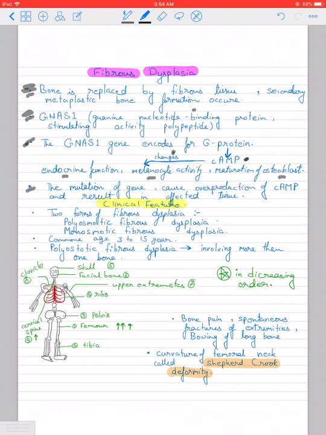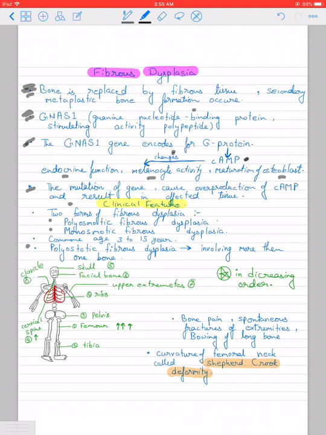Now come to the clinical features. Two forms of fibrous dysplasia are there, polyostotic and monostotic, and the common age is 3 to 15 years. Polyostotic fibrous dysplasia involves more than one bone, as you can see in the diagram.